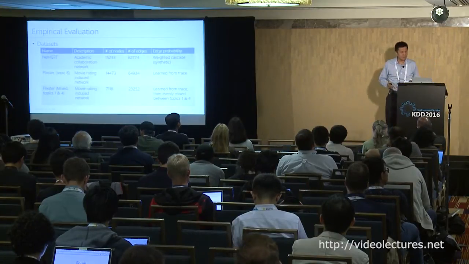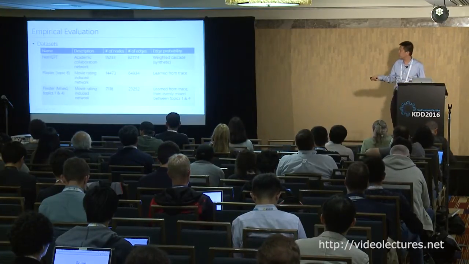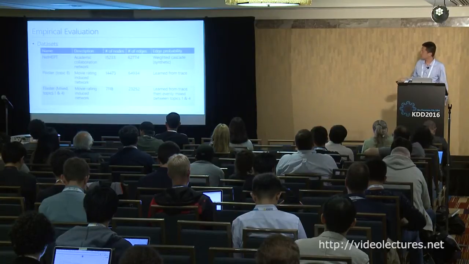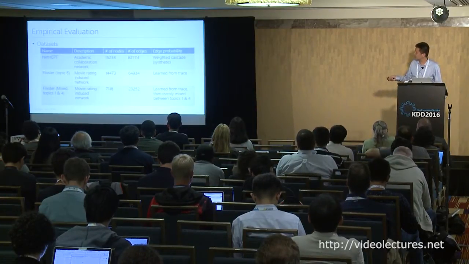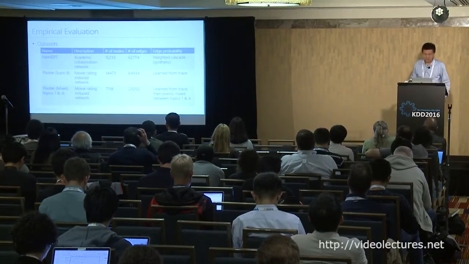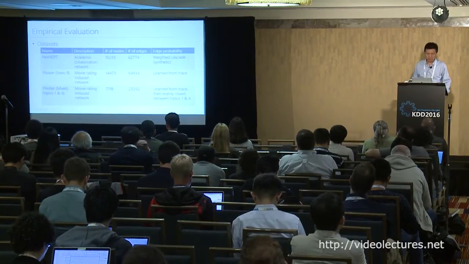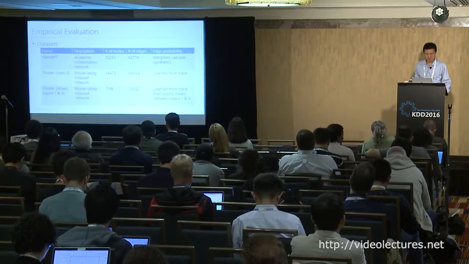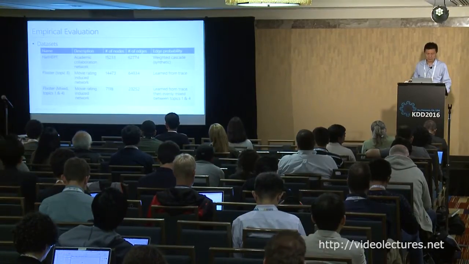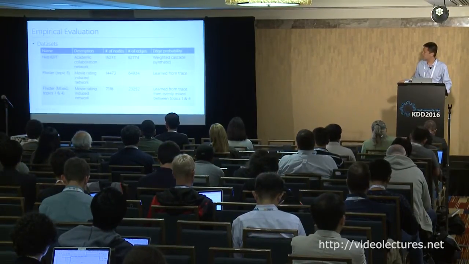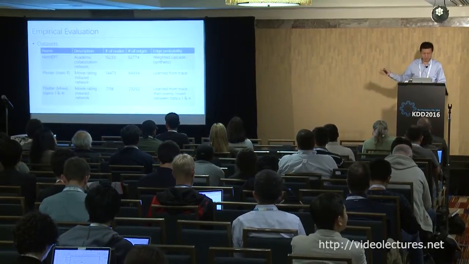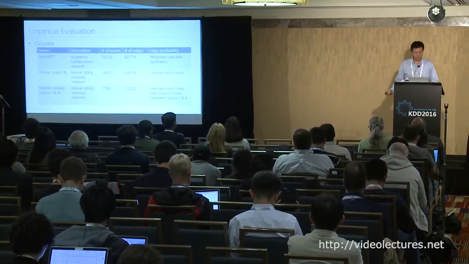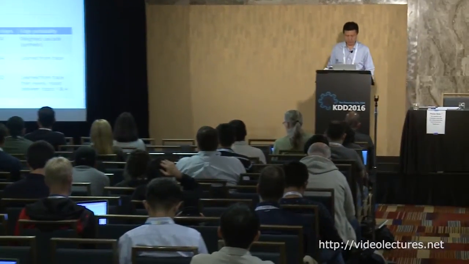For empirical evaluation, we look at three networks. The first one is a collaboration network of arXiv. The next two are Flixster topic-aware networks drawn from movie ratings. This is thanks to the researchers who did this work; we got the data from their study.